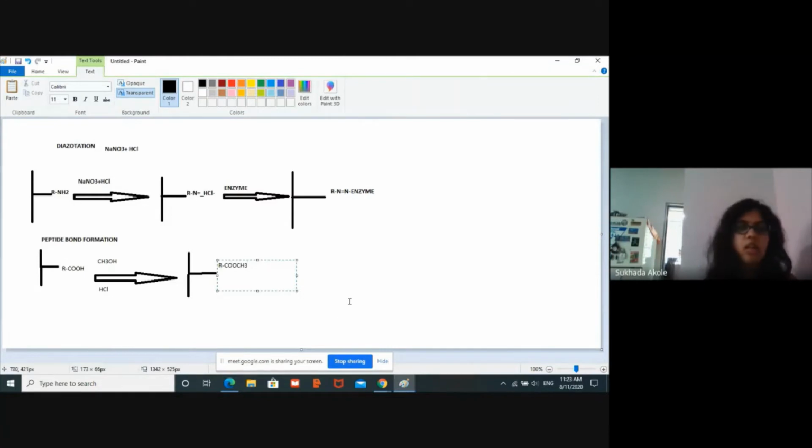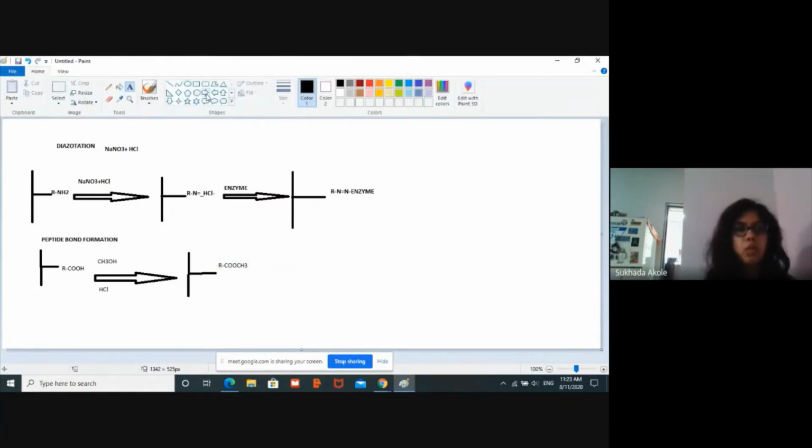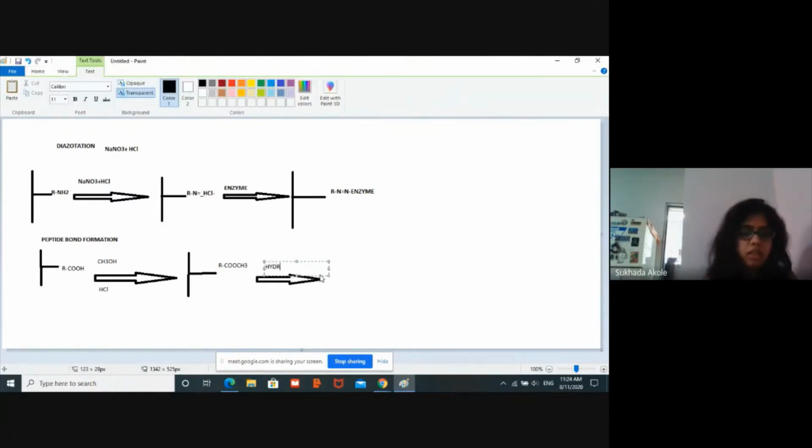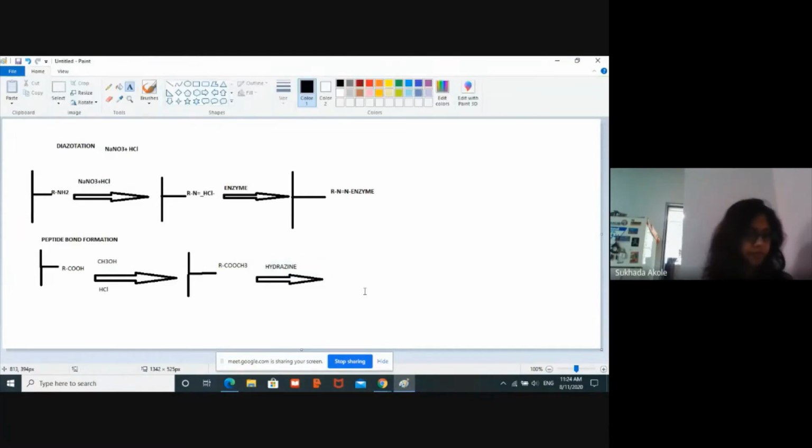I react it with hydrazine and add an enzyme to it. So where is my plus sign? This is my plus sign, okay? I add an enzyme here.